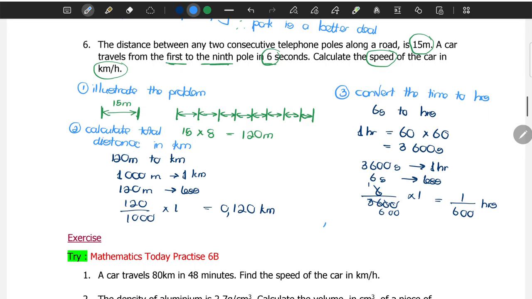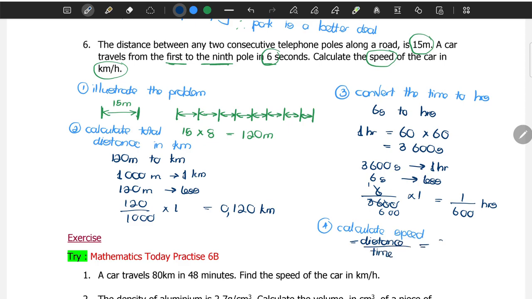And then the last thing is to calculate the speed. Again, speed is distance over time.